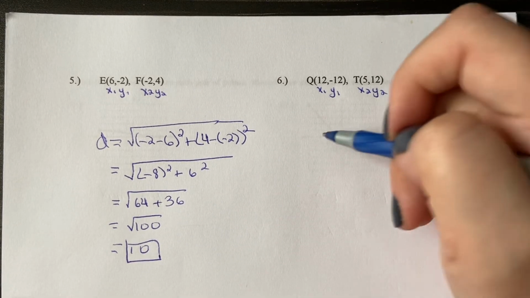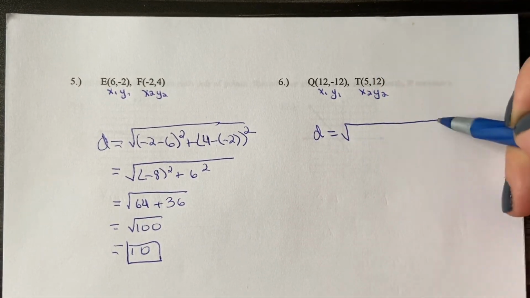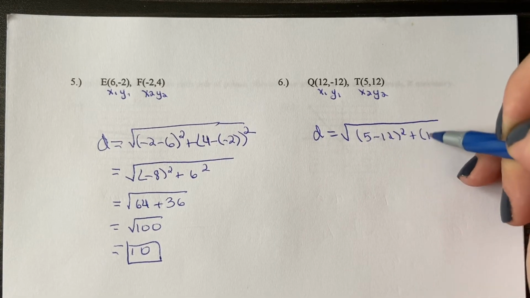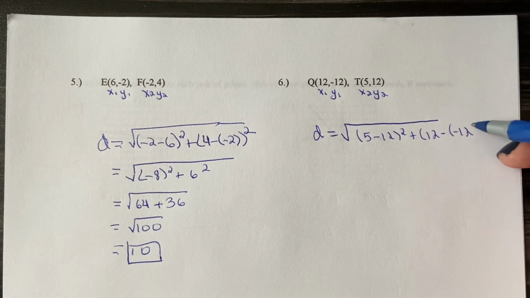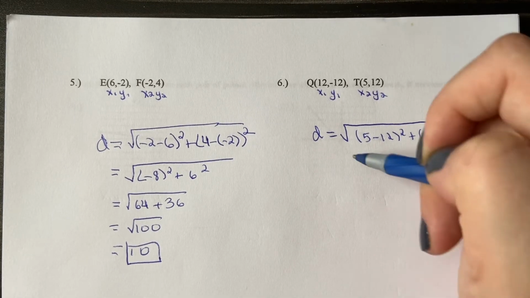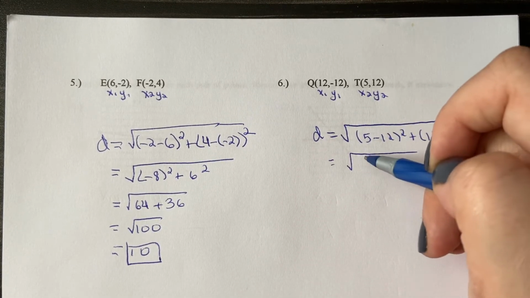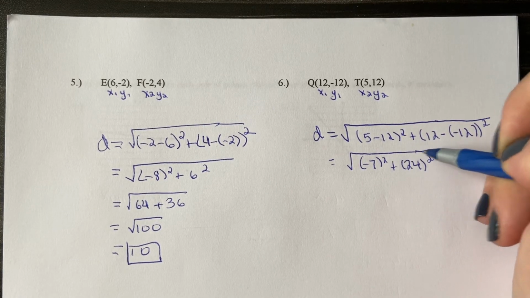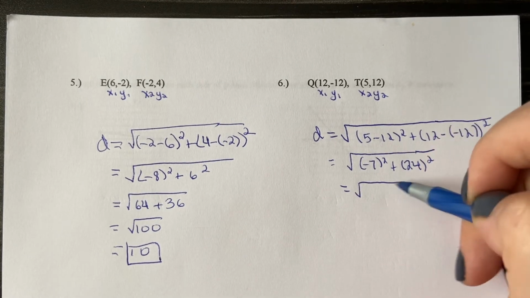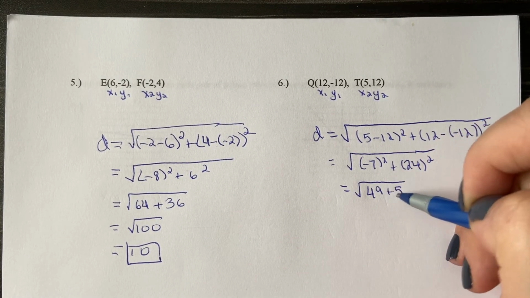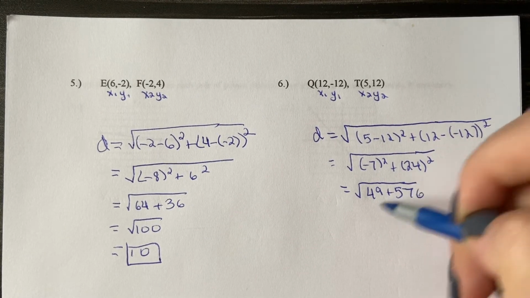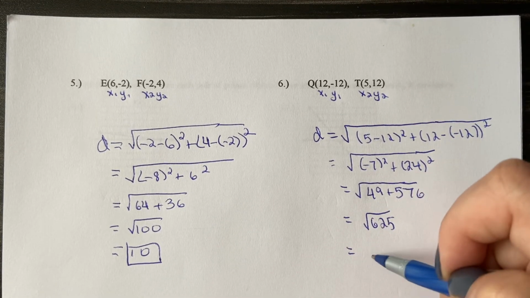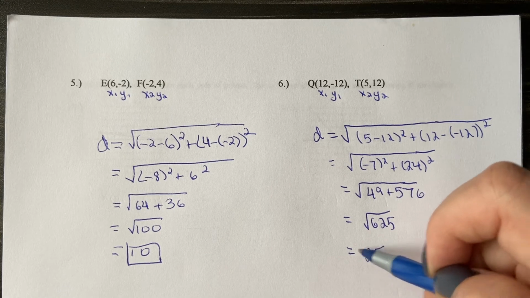Okay, for number 6, square root of 5 minus 12 squared plus 12 minus a negative 12 squared. So that would be negative 7 squared plus 24 squared, which would be 49 plus 576, and that would be 625, and then if you took the square root of that, you get 25.